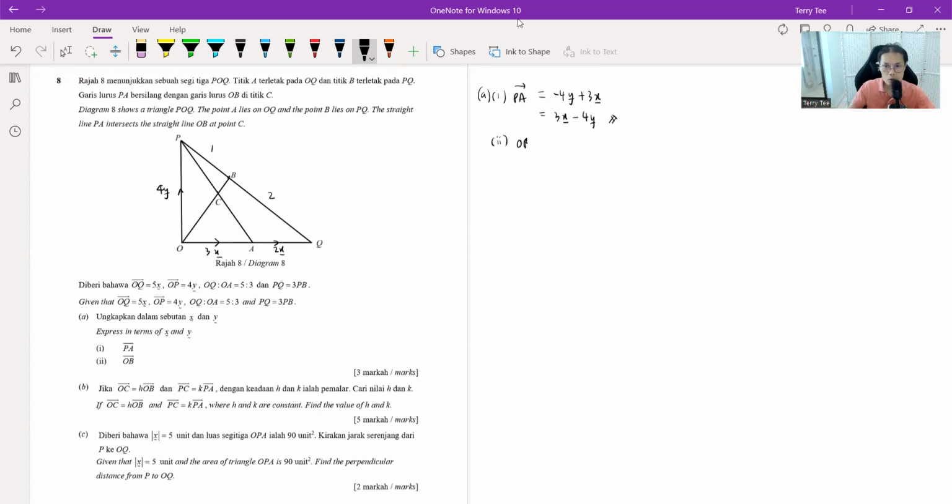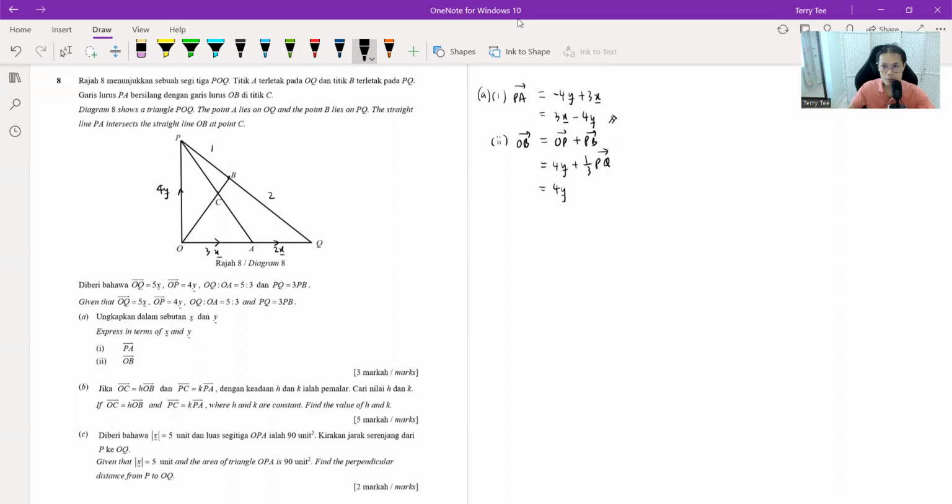Second part, how about vector OB? So to go from O to B, we can go from O to P, P to B. O to P is just 4y. P to B is 1 over 3 of PQ, right?